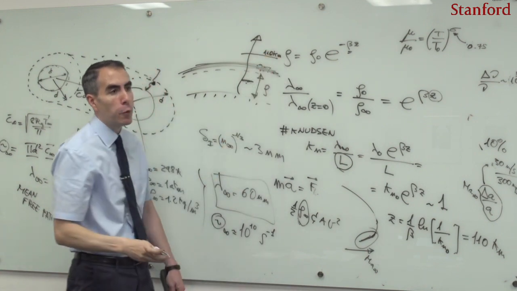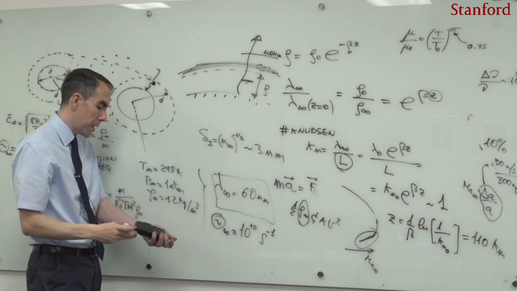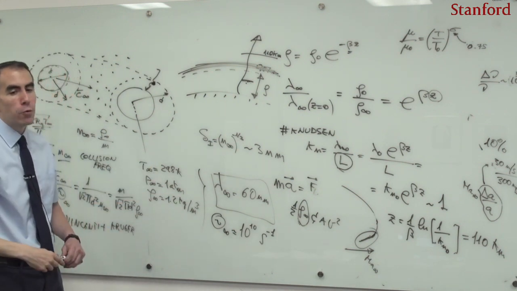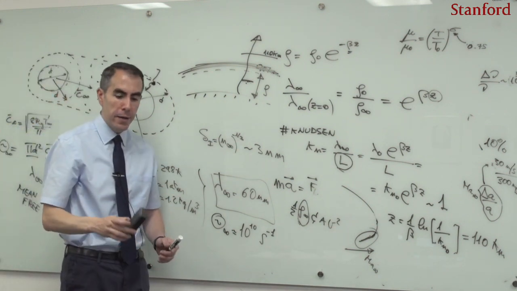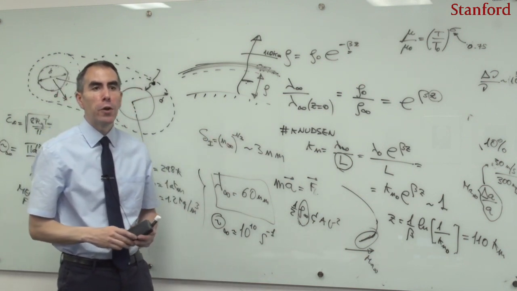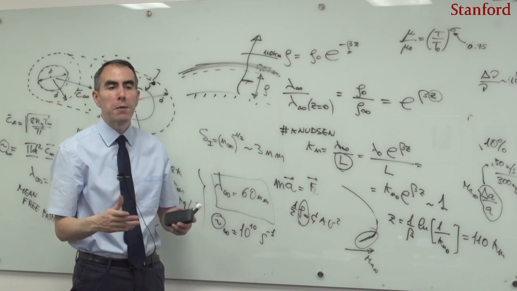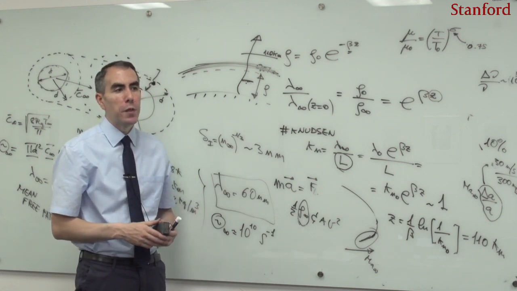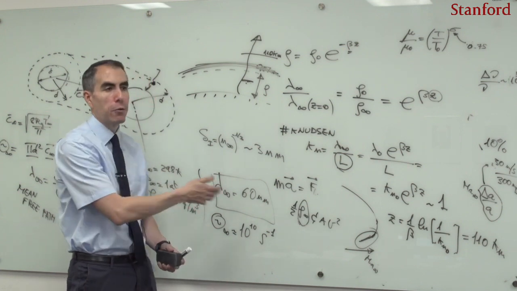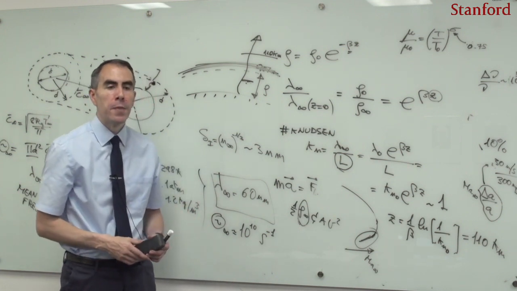The reason is the following: even though we have spent here some 10 to 15 minutes trying to derive this, it is true, and you probably agree with me, that if I have a gas like the one in this room, the molecules are colliding among themselves with a mean free path and with a collision frequency that is probably similar to the one that we have calculated here.